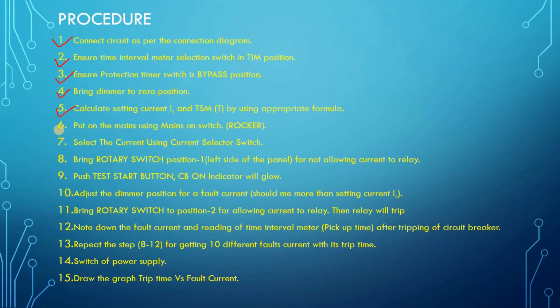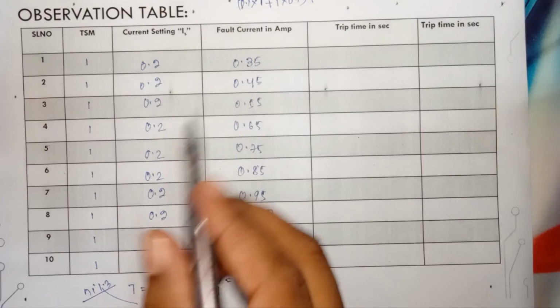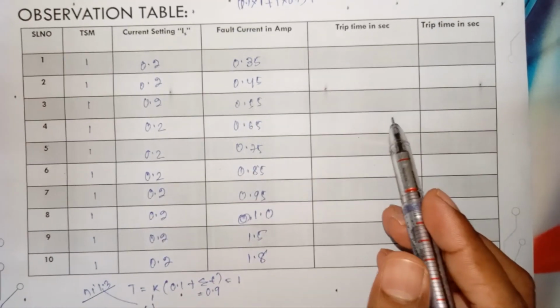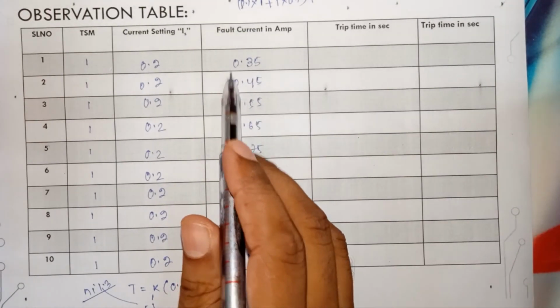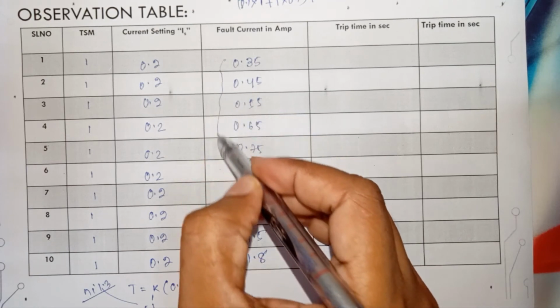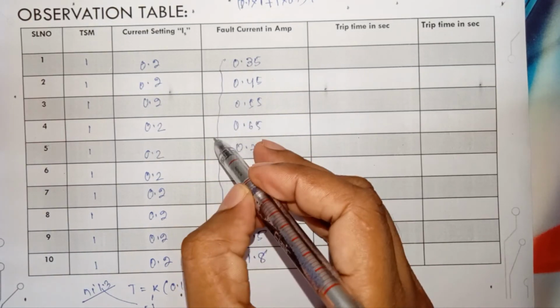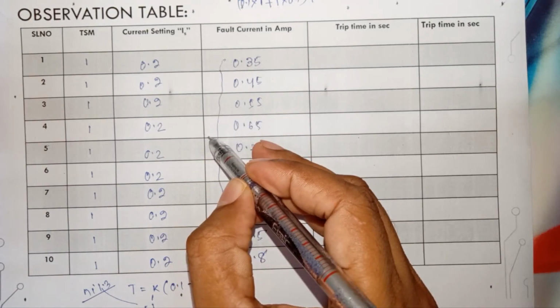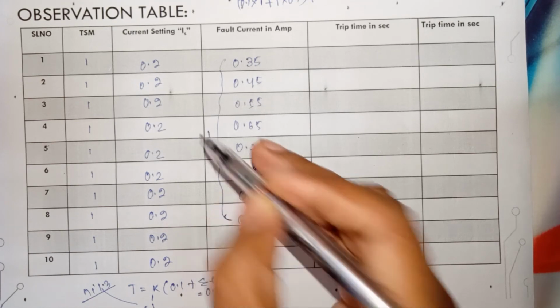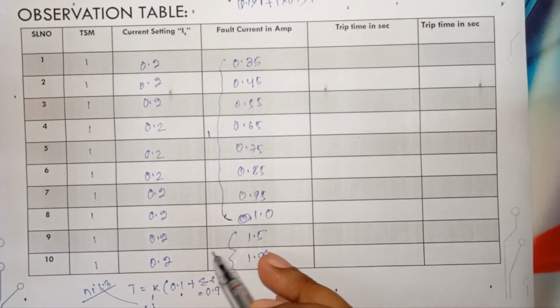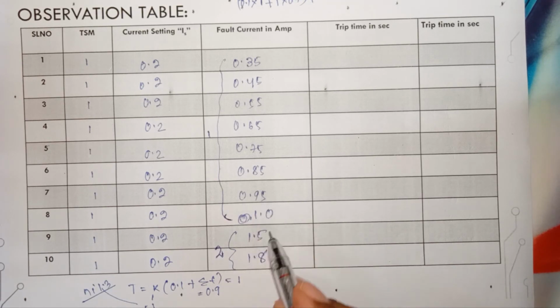Then select the current using the current selection switch. If you see the observation table, from here up to here we can select current selection switch position 1, and from here to here we can select position 2, as per the current rating.